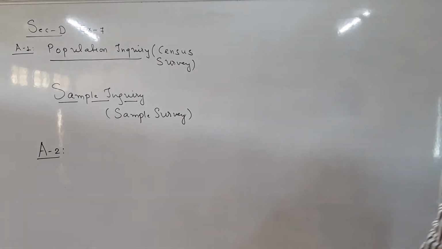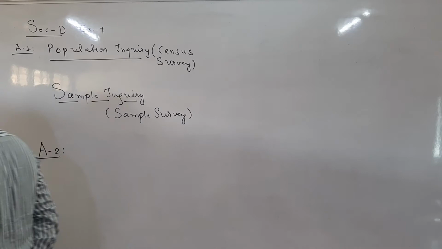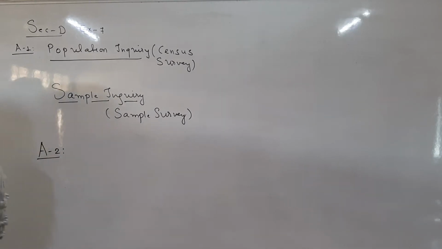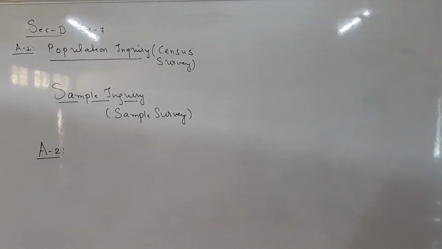In this method, we need to have a complete list of units of the population, and then we will select the sample units based on sampling interval. Sampling interval is the ratio of population size to sample size, and k is an integer. All these things, students, we have already discussed.